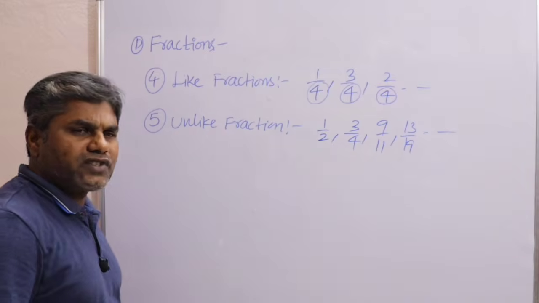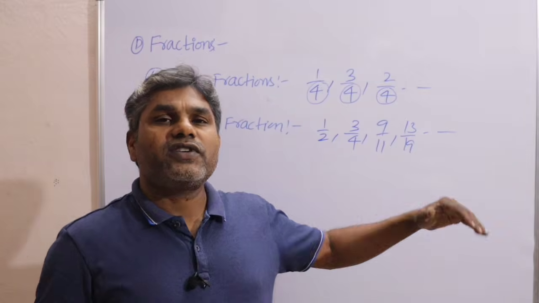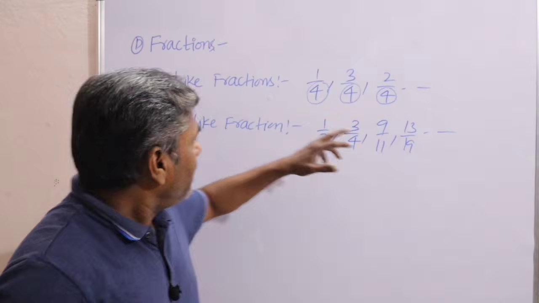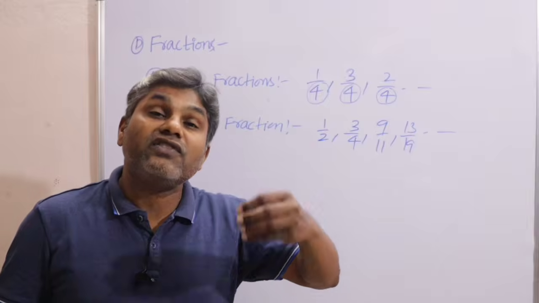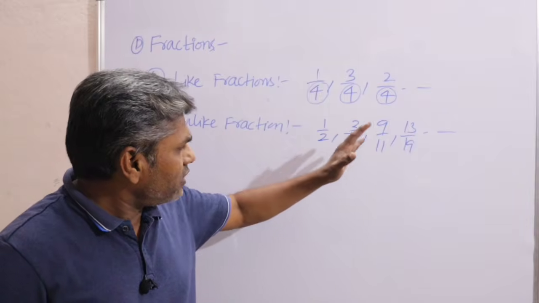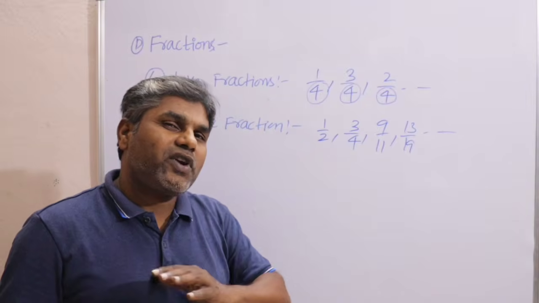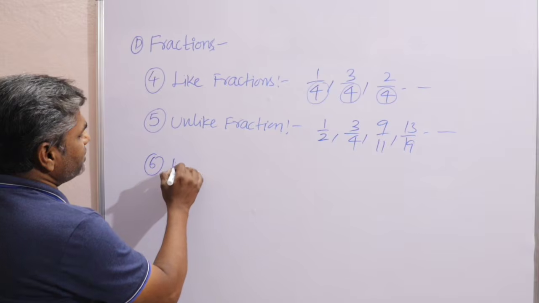All these fractions are called unlike fractions. Why? Because their denominators are different. See, in the earlier case the denominators are the same. Like the name itself says, like means same kind. Same kind in the case of denominators. But unlike fractions are the fractions whose denominators are different. And the next and last one is equivalent fractions.